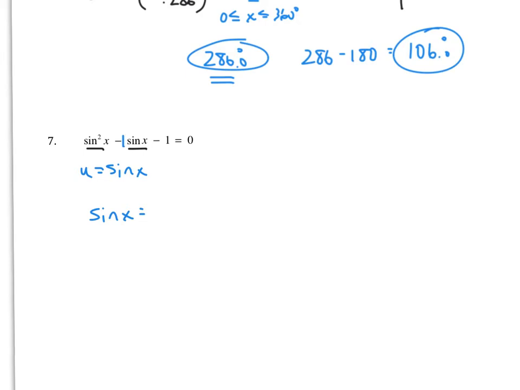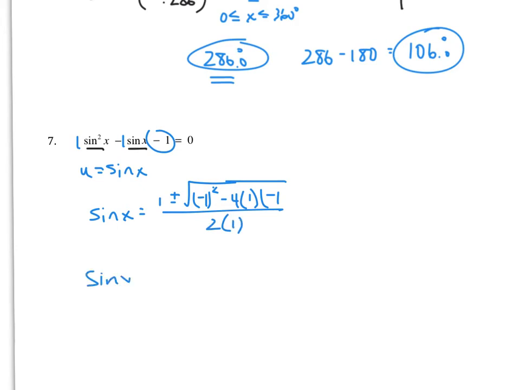The opposite of b in this case is 1, plus or minus the square root of b squared, so negative 1 squared, minus 4 times my a value of 1 times my c value of negative 1, all divided by 2 times a. This gives me sine of x is equal to 1 plus or minus the square root of 5 divided by 2.